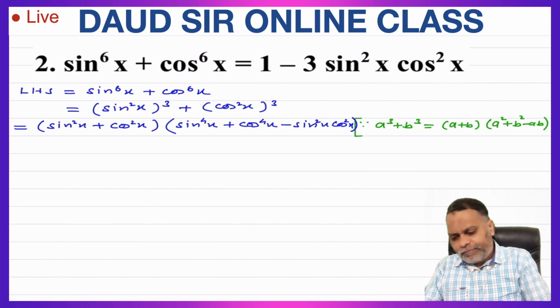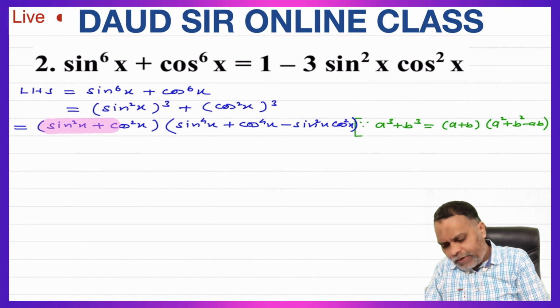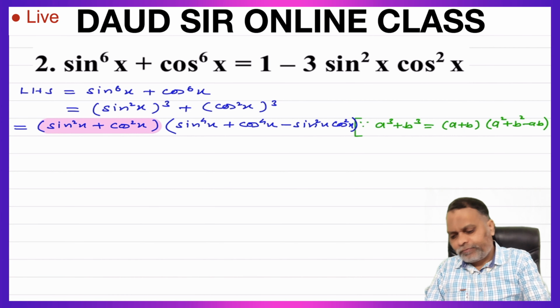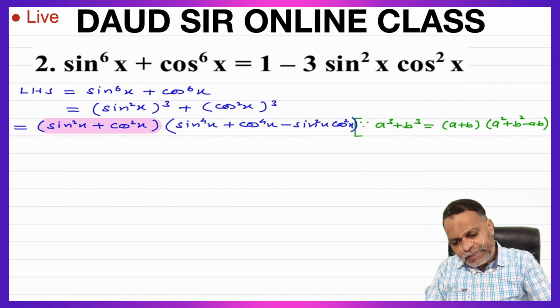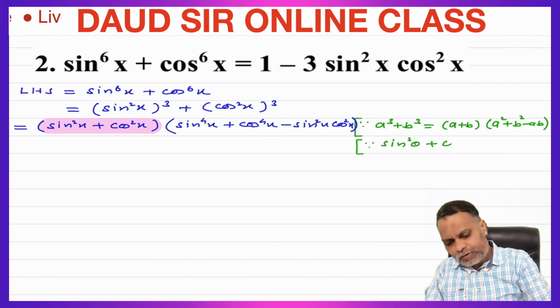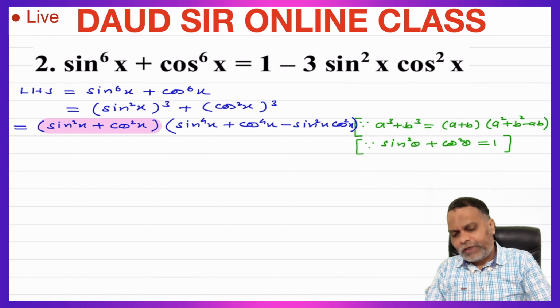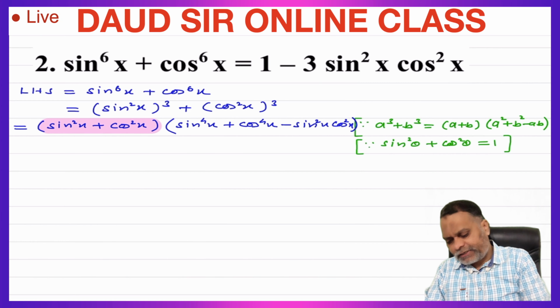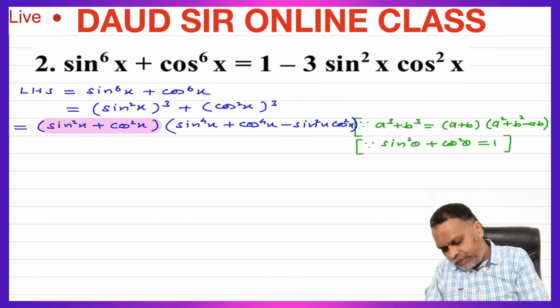So here this sin square x plus cos square x is 1. We have the identity: sin square theta plus cos square theta is equal to 1. Here in place of theta the angle is x. So this sin square x plus cos square x will become 1.